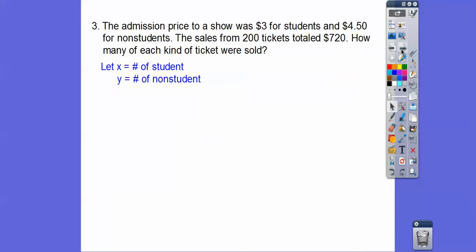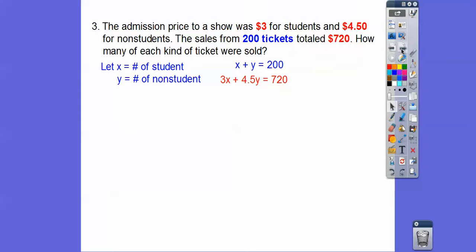For this other one, I let x be the number of students and y be the number of non-students. It says they sold 200 tickets altogether, so that's x plus y equals 200. If it's $3 for the students and $4.50 for the non-students, and it totaled 720, then I get another equation, 3x plus 4.5y equals 720. Now we have a system of equations.